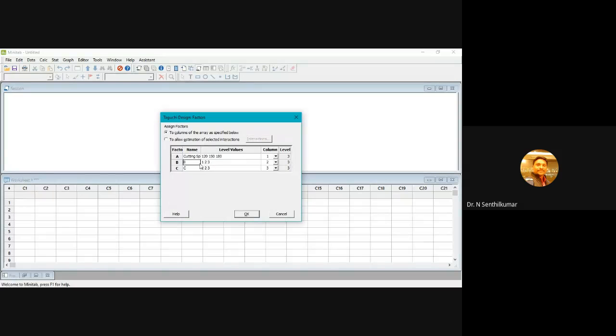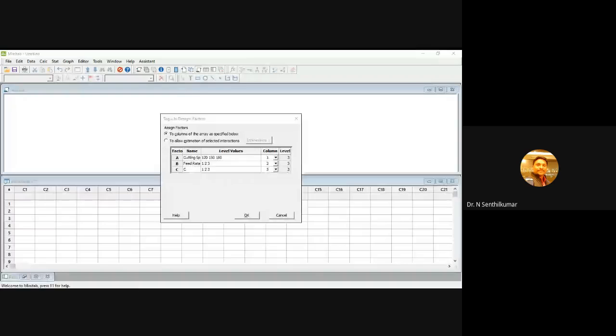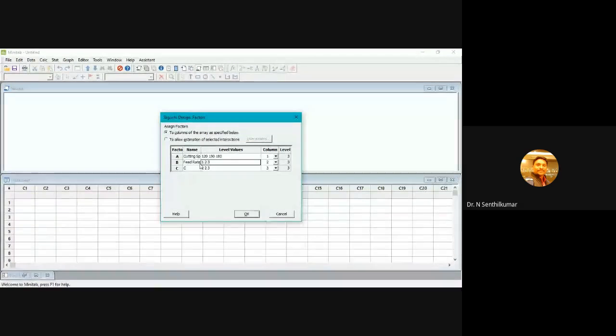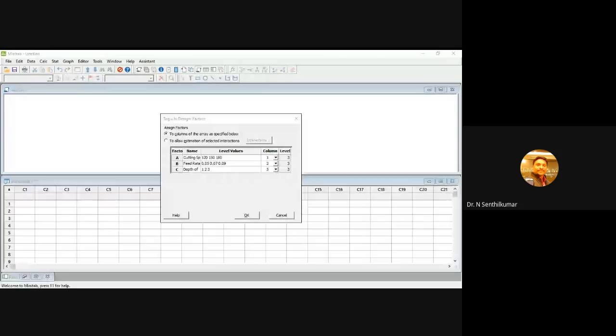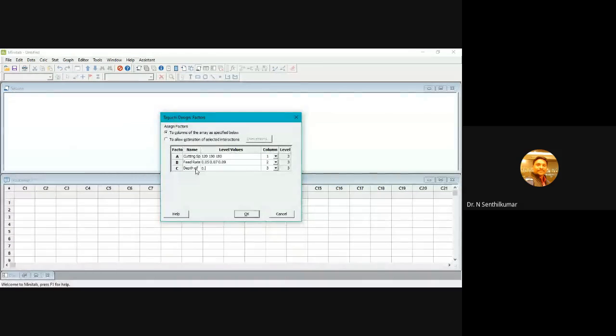Then feed rate, I will be giving 0.05, 0.07, 0.09. Then depth of cut, I will be giving 0.15, space, 0.30, 0.45.